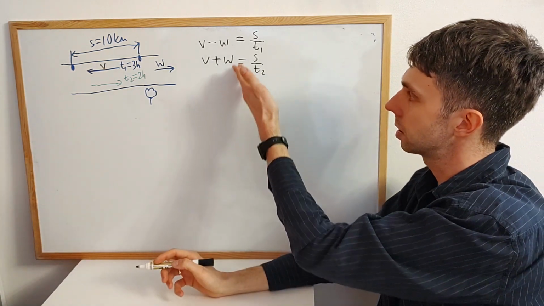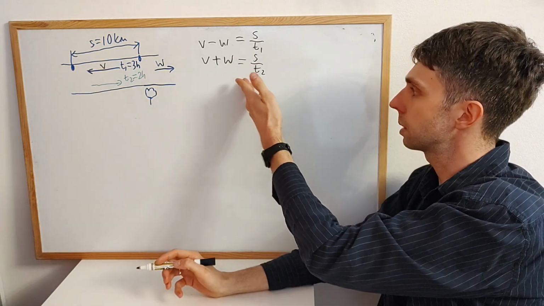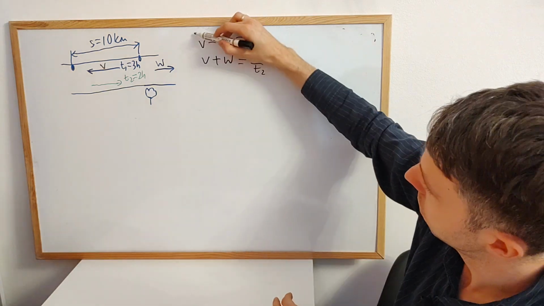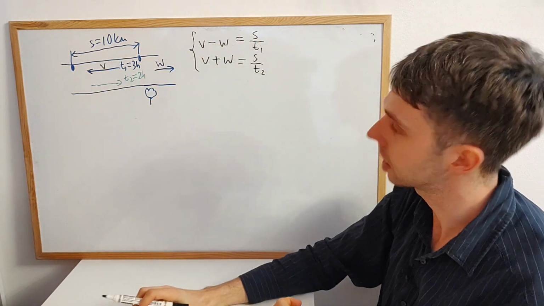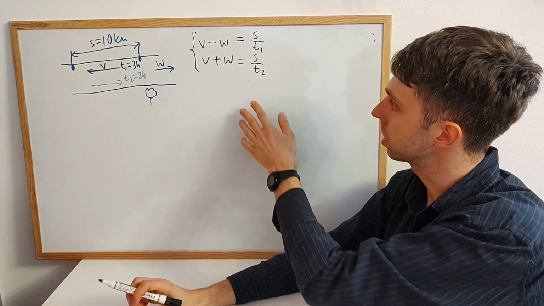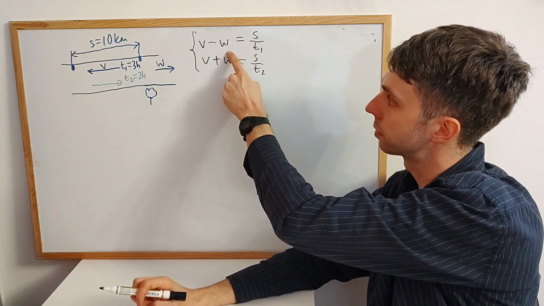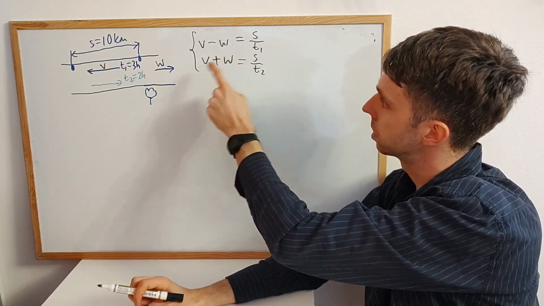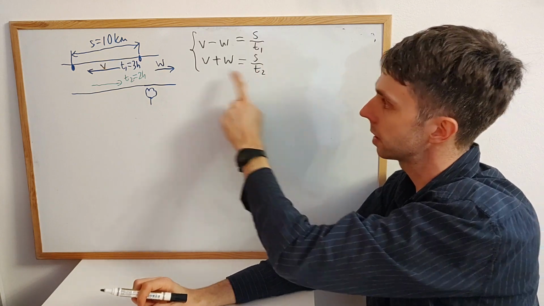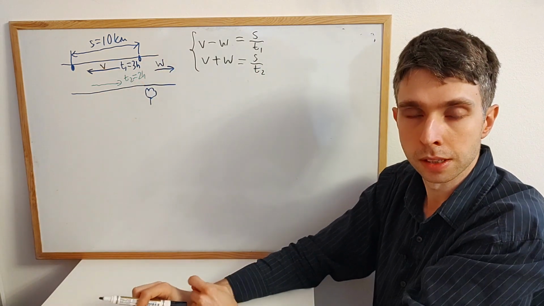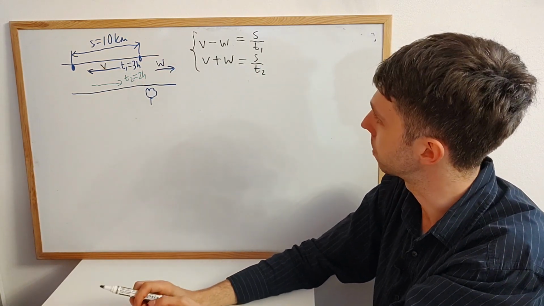So these are two simple equations which form a system of equations which you can solve because you have two unknowns, because s, t1 and t2 are all known in this problem.